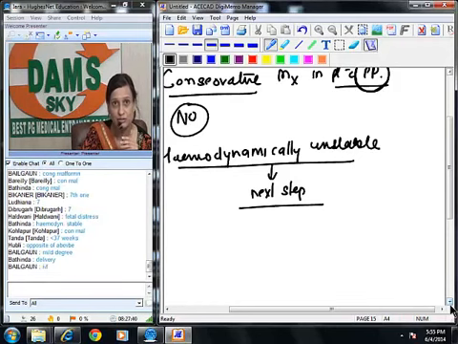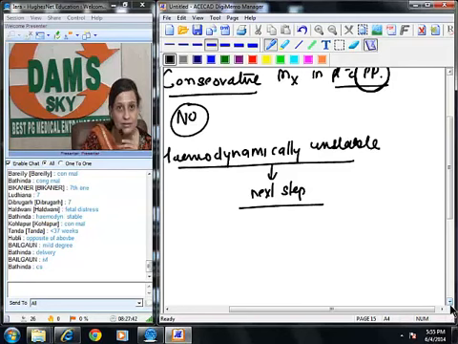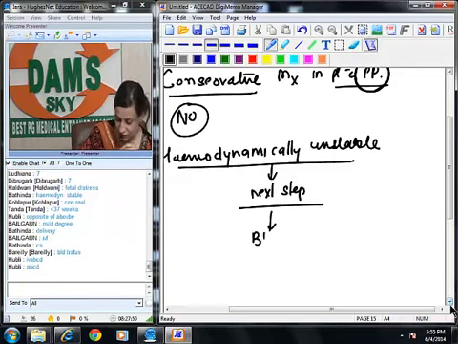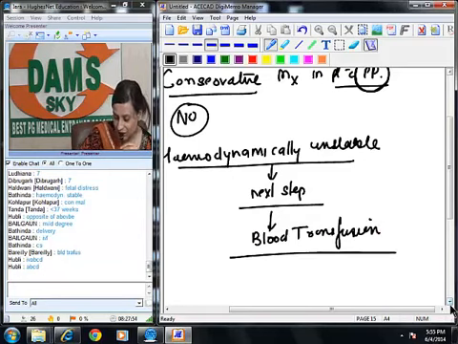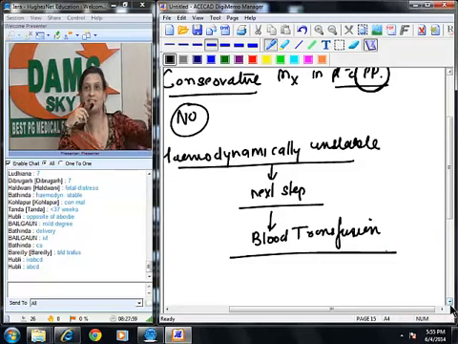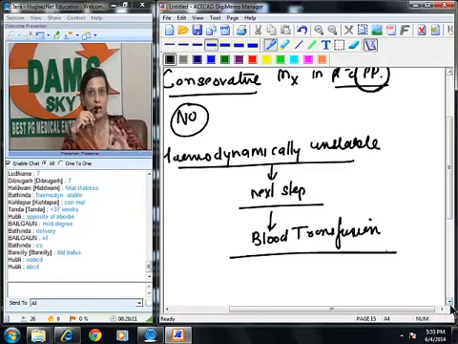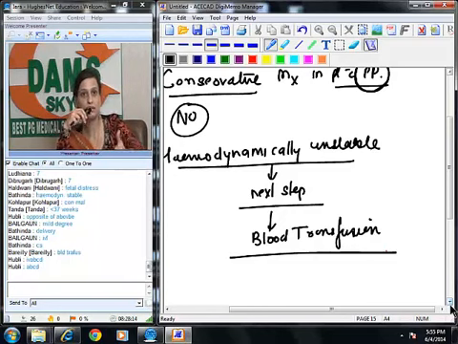That's the absolute management. CS. Very good, Bareilly. The answer to the question with next step is going to be blood transfusion. Or as Hubli has put it, A, B, C, D. So airway, breathing, circulation, that is the order we follow. So we always stick to an order whenever the patient is hemodynamically unstable. So if you are particularly asked what is the next step, the next step is blood transfusion.